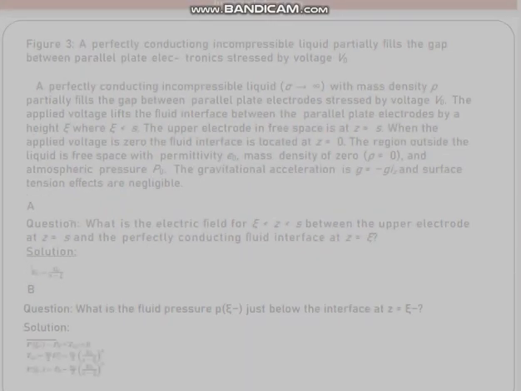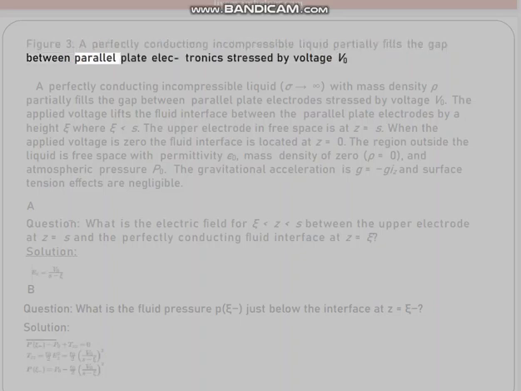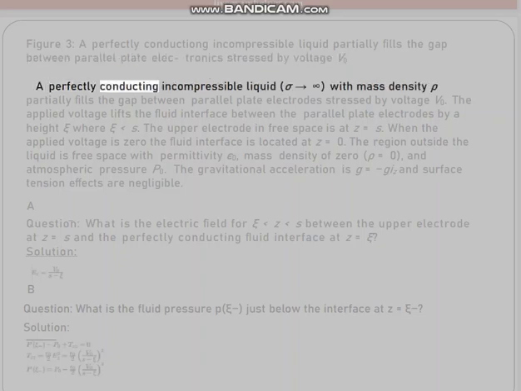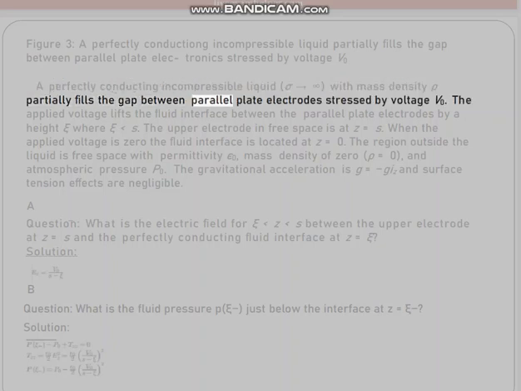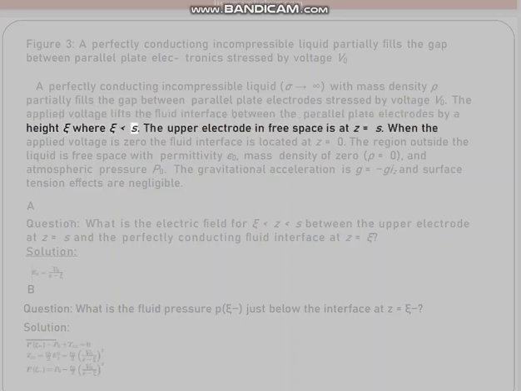Figure 3. A perfectly conducting incompressible liquid partially fills the gap between parallel plate electrodes stressed by voltage V0. A perfectly conducting incompressible liquid, sigma infinity, with mass density ρ partially fills the gap between parallel plate electrodes stressed by voltage V0. The applied voltage lifts the fluid interface between the parallel plate electrodes by a height psi where psi is much less than s.